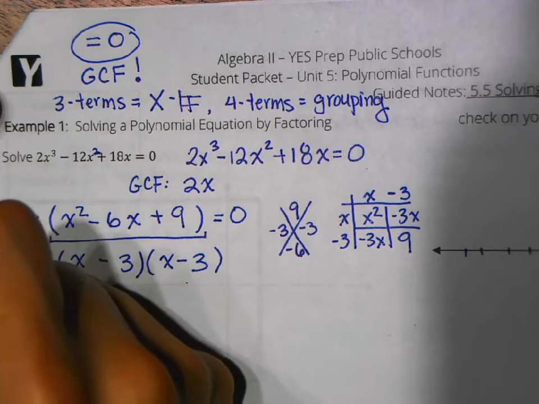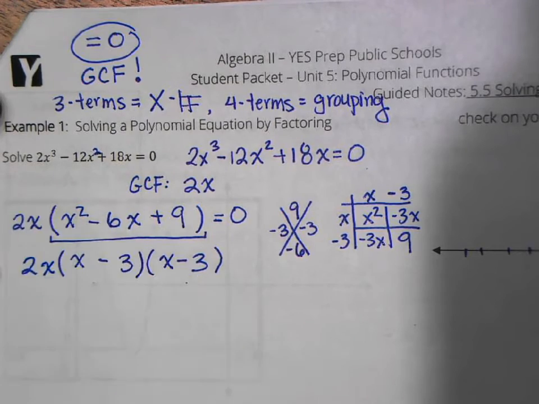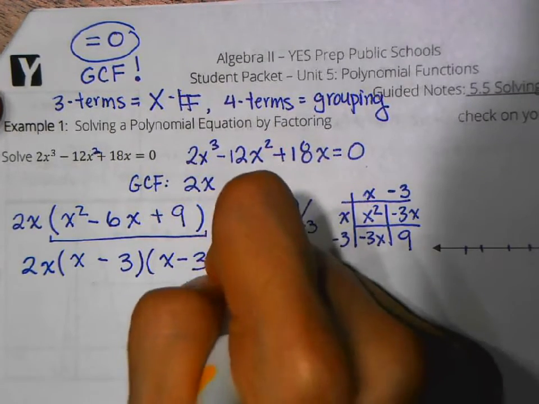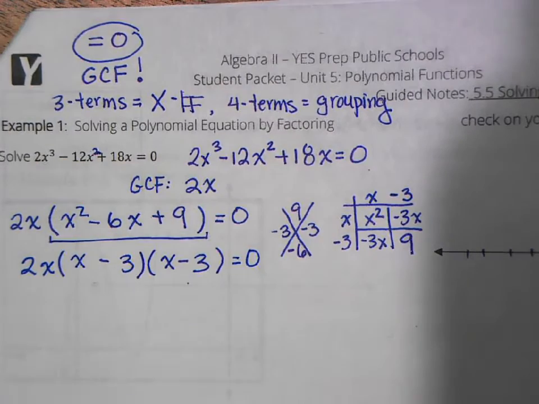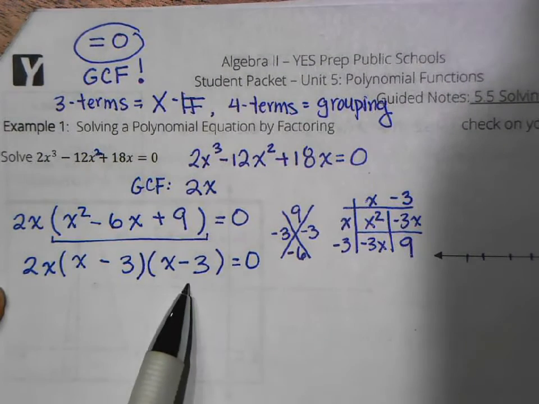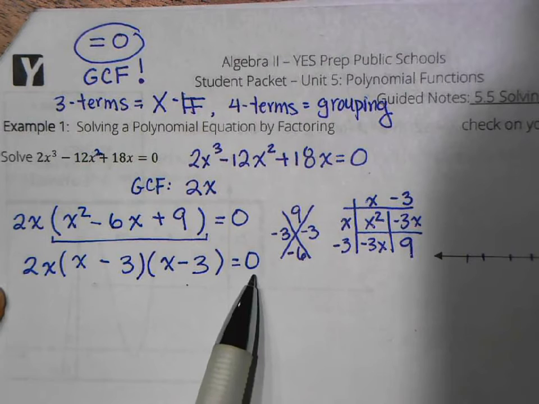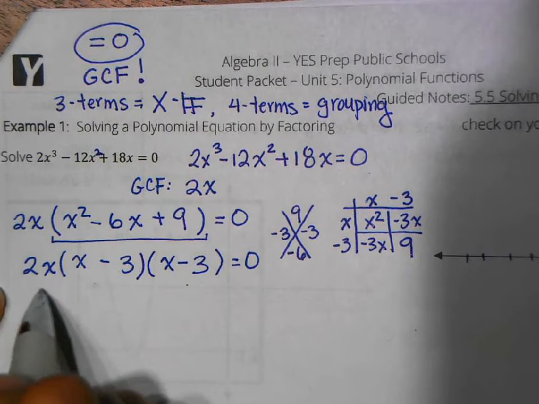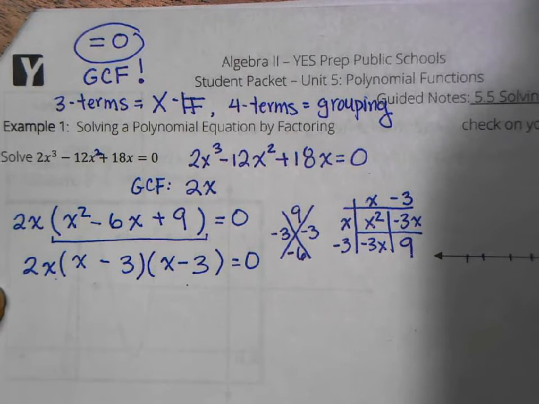Don't forget to pull the 2x, your greatest common factor, down. Still equals 0. Now, if I know that all 3 of these factors multiply to 0, that means that one of the factors would have to be 0. So 2x has to be 0, or the x minus 3 has to be 0.